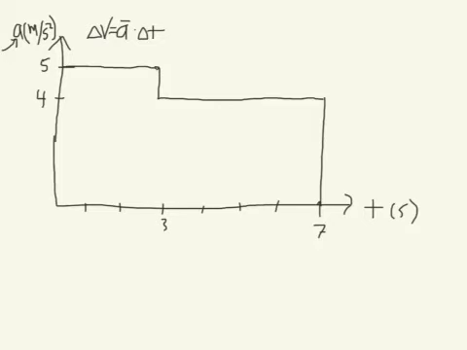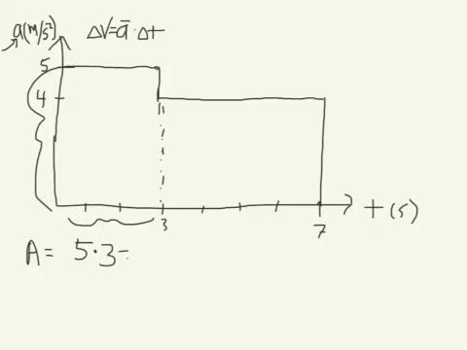If you look at this graph, it's kind of 2 big rectangles. There's one on the left and one on the right. Let's find the area of these rectangles. We know that the area of a rectangle is the height times the width. So here the height is 5. This A means area. Area is height times width. 5 times 3 is 15.